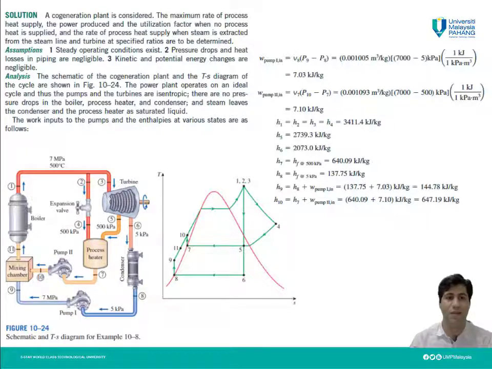As you know, pumps in this plant are used to increase the pressure of the working fluid, which is the steam or water here. For pump 1, the pressure before is 5 kilopascal, after is 7 megapascal, and the process is between state 8 and 9. It is isentropic, and as you know, in the TS diagram an isentropic process is a vertical line.